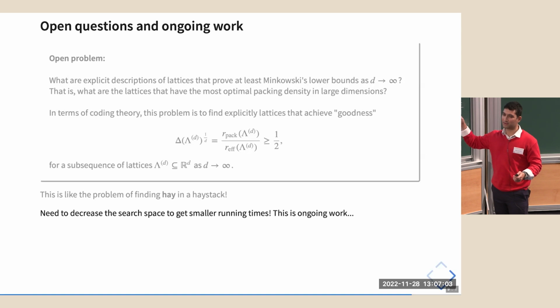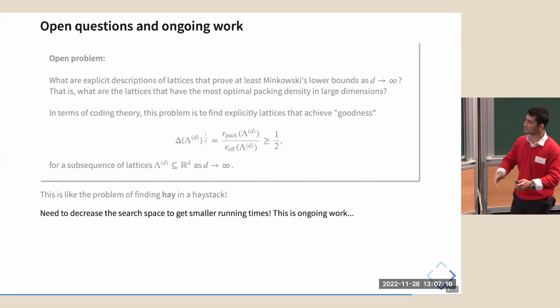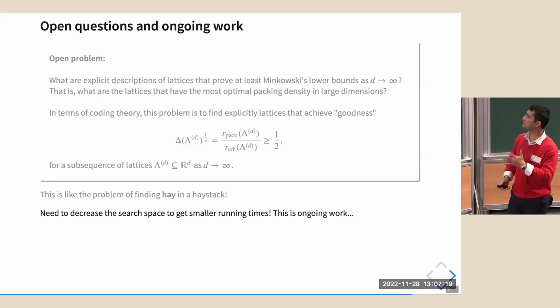And this is an attempt in the other direction. You start with random lattices that at least achieve Minkowski's lower bound, and then you try to make the space of lattices, or the finite set of lattices, smaller and smaller. This is part of my doctoral thesis.